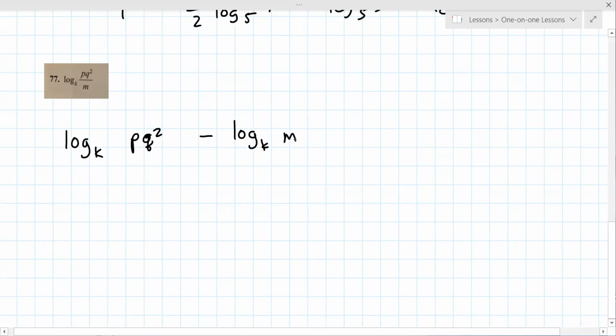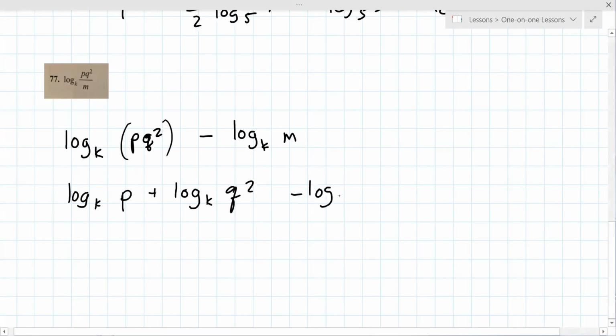The part over here is a product, so it becomes a sum. And the exponents are always dealt with last because they become coefficients. So this middle term becomes 2 log base k of q minus log base k of m.